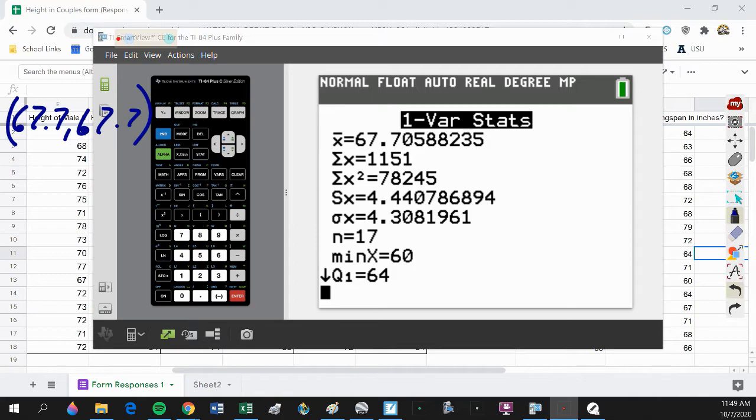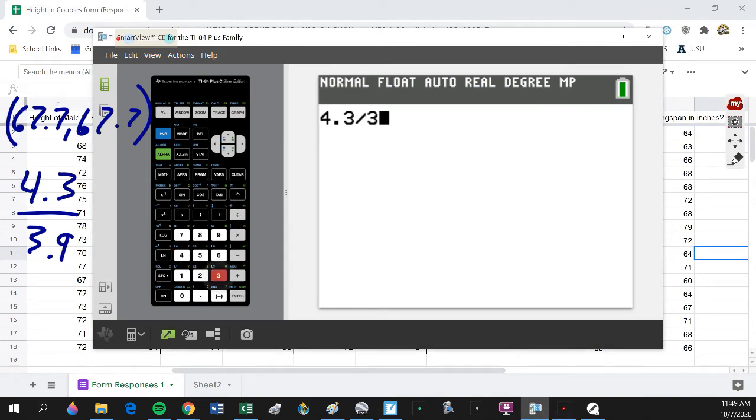Okay. What is the slope of the SD line? It's going to be 4.3 divided by 3.9, which is 1.1. That's interesting. That's what it was last time.